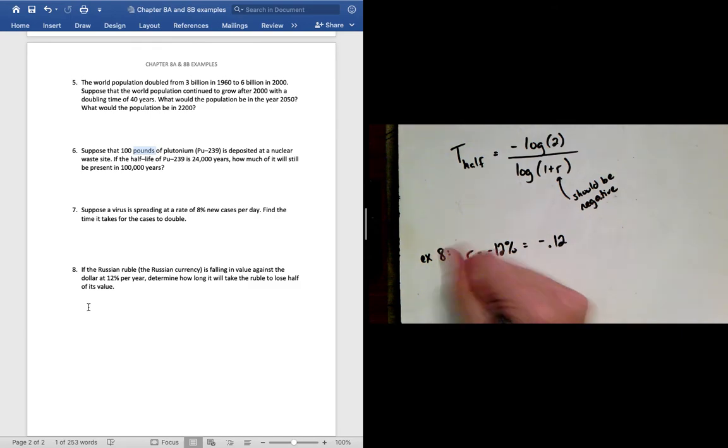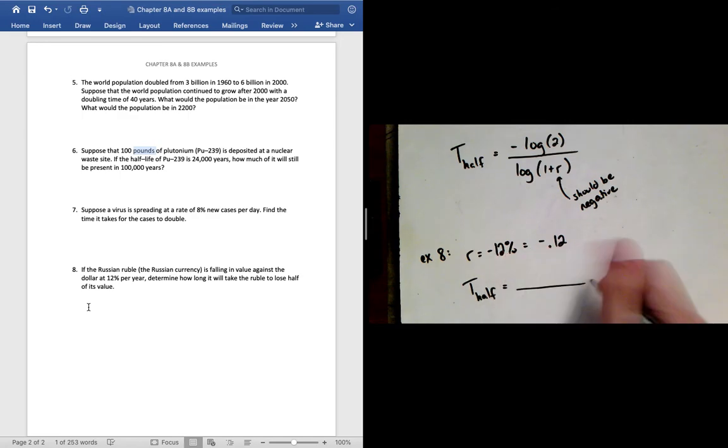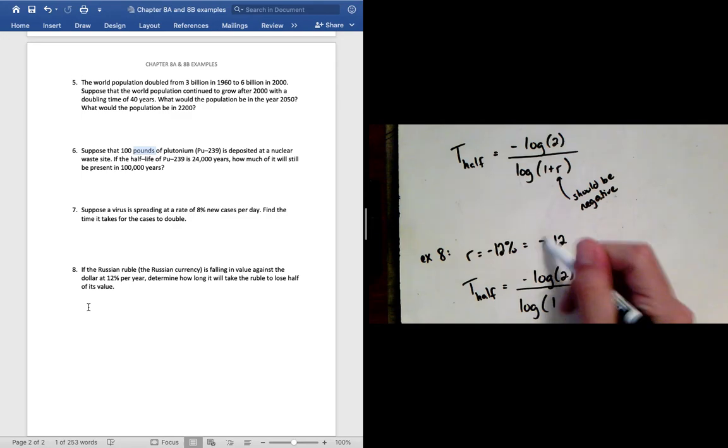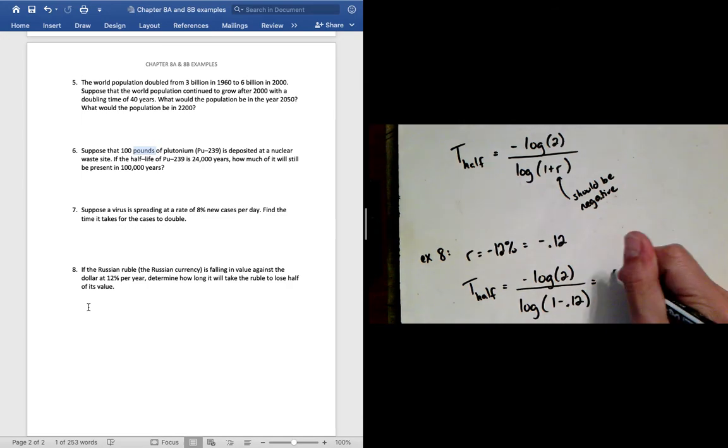So the half-life time, or the time that it's going to take for this to cut in half with a 12% loss over and over again, is going to be negative log of 2 over log of 1 plus a negative 12, or 1 minus 0.12. This becomes negative log of 2 over log of 0.88.